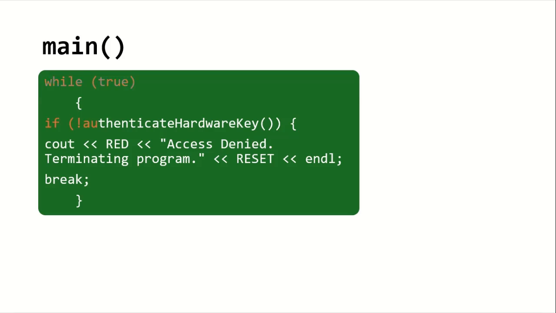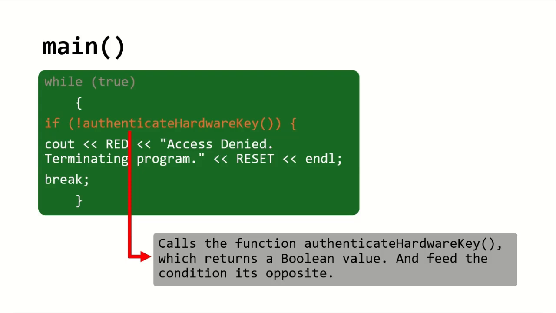So the first thing we are running is if not authenticate hardware key. We already know that the authenticate hardware key is a boolean function. It returns a boolean, and we use not. We call the function authenticate hardware key, which returns a boolean value, and feed the condition its opposite.